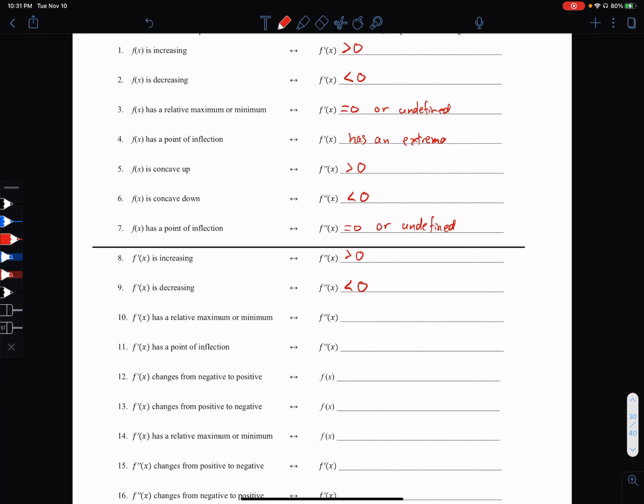If f prime has a relative maximum or minimum, then f double prime is equal to 0 or undefined. If f prime has a point of inflection, then f double prime has an extrema. It's actually pronounced extrema.